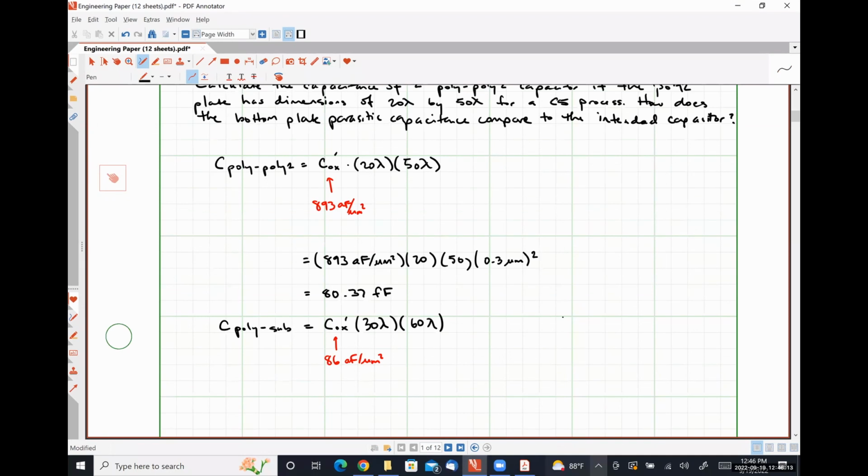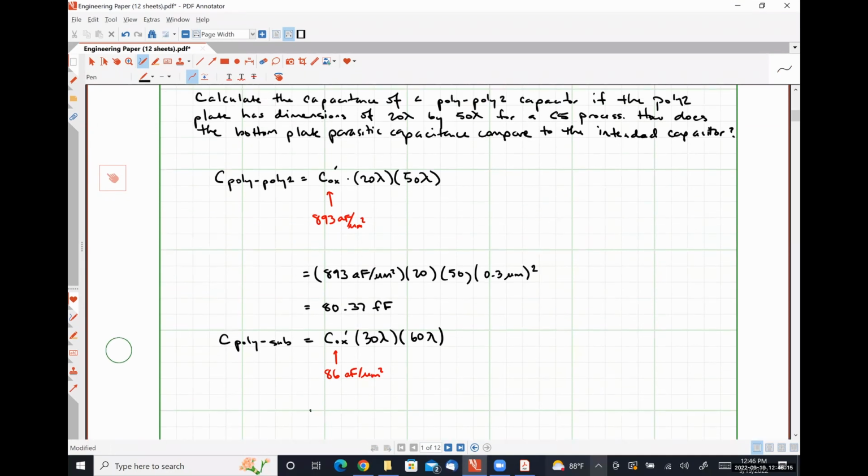So plugging in these numbers, we have 86 attofarads per micron squared times 30 times 60 times 0.3 microns squared.